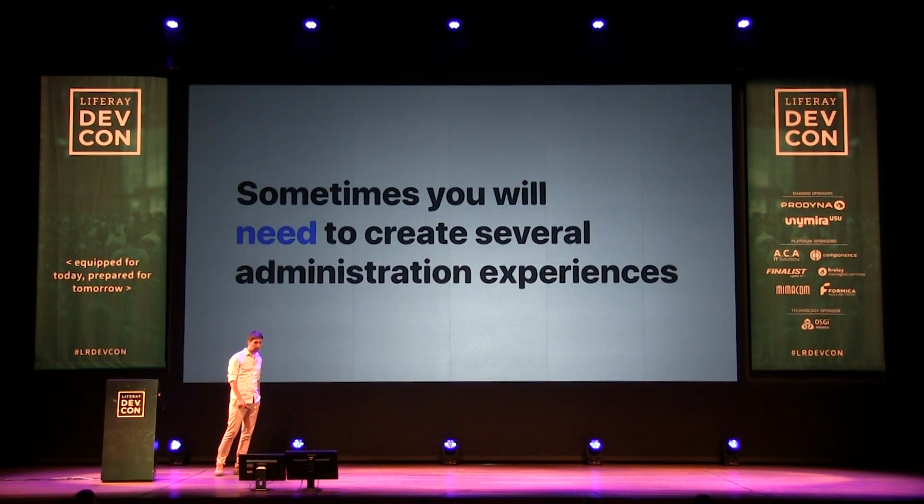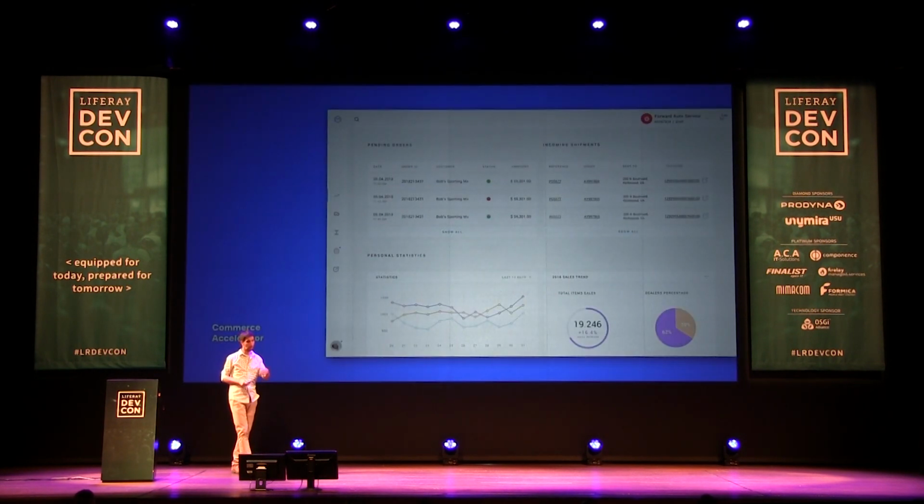So with that, what we say is that sometimes you will need to create several administration experiences, not only the one that we offer by default in the product, in Liferay DXP, but you will have to create new ones. Like, for example, commerce is doing with commerce accelerators.